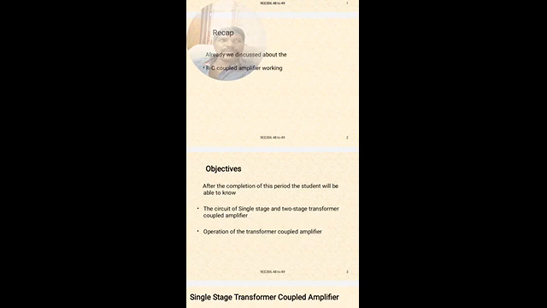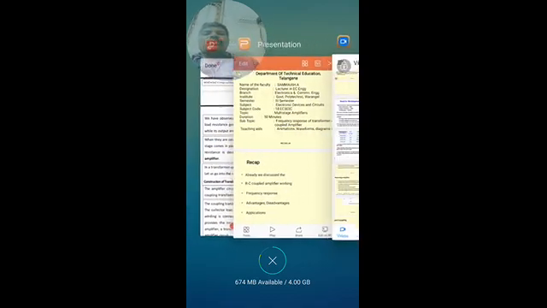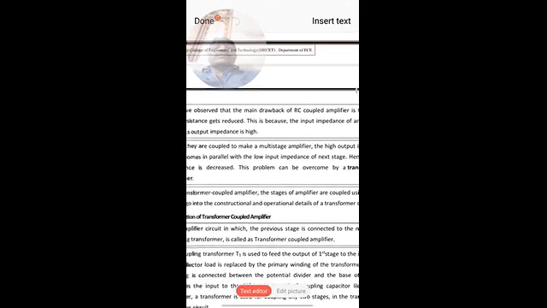Also, in the RC coupled amplifier, the effective load resistance gets reduced because the input impedance of an amplifier is low while its output impedance is very high.